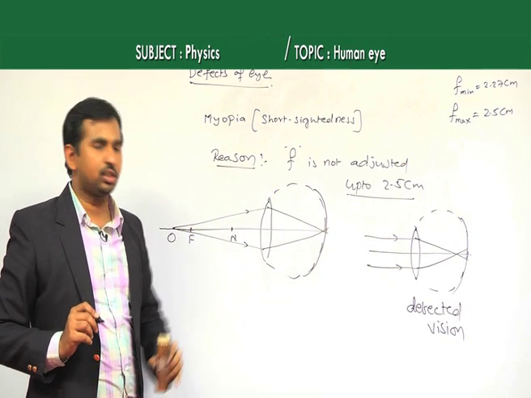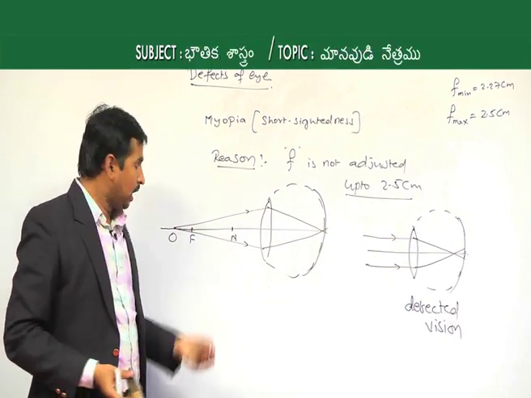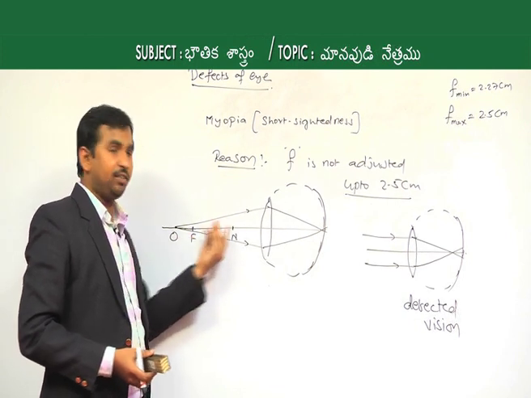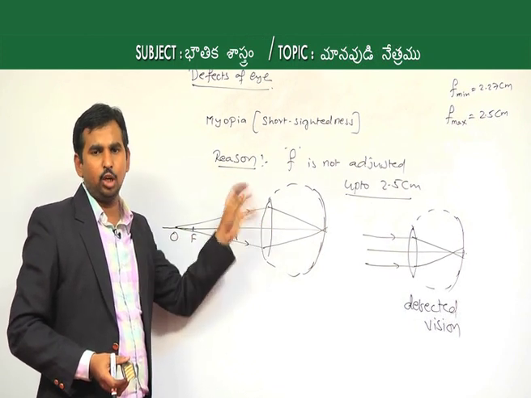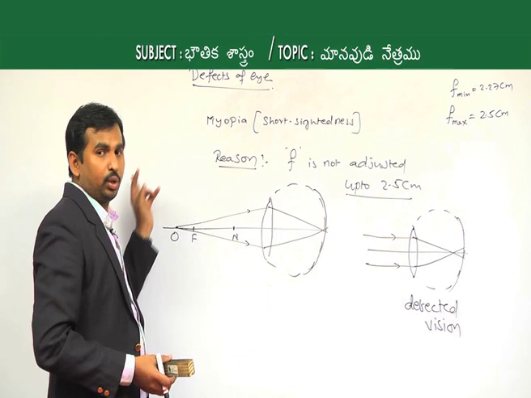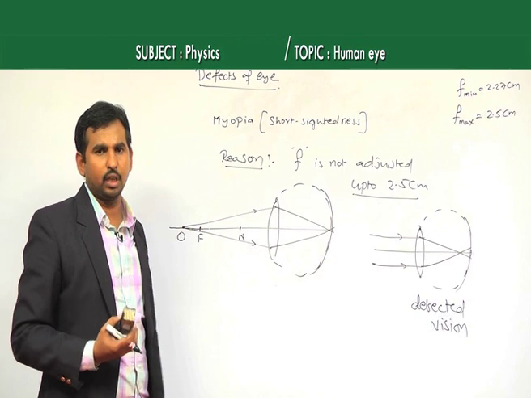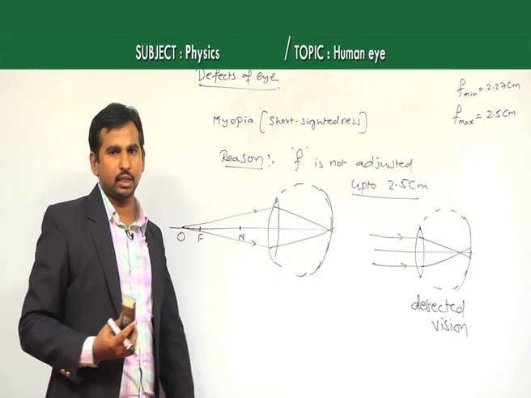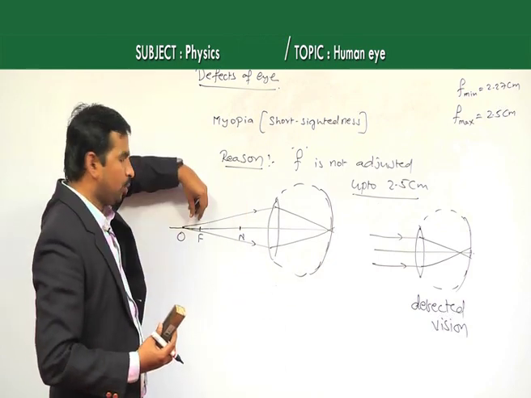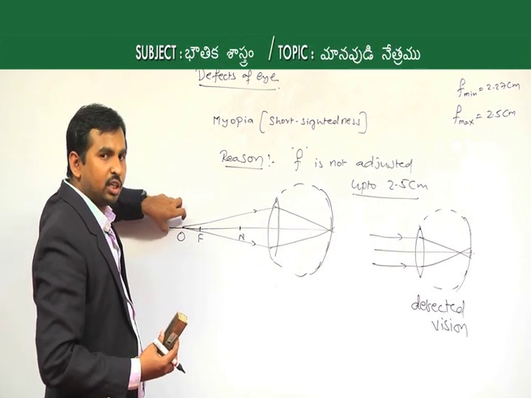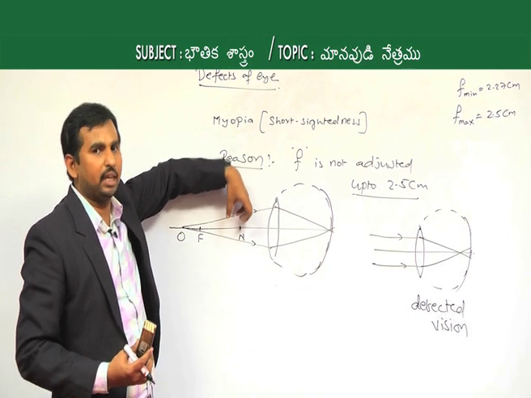But if you see the correction here, correction is very simple. If the object is in between f and n, we can see it. The only problem is once the object is going away after f, we are getting the problem here. So what we are doing for correction is, we are making the object which is placed outside f be in between f and n.